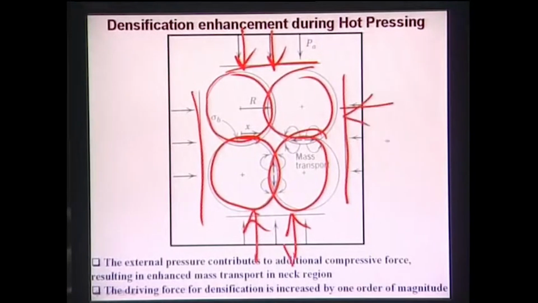That means there is a lateral constraint here, this constraint and that constraint, and then for these particles the only way shrinkage can take place is if this center to center distance keeps on decreasing. That means this particle boundary should become more and more flat, and that leads to a material which has equiaxed grains. Equiaxed means n is equal to 6, as I have explained a few slides back.